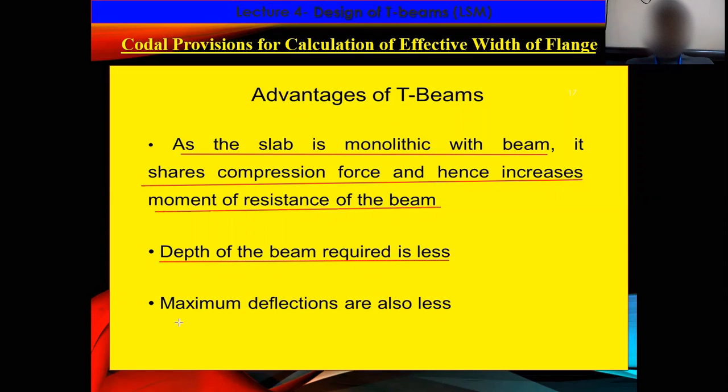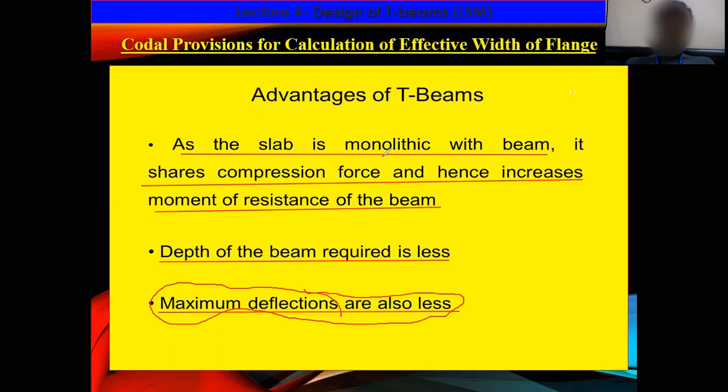And one more important thing is that the maximum deflection will become less in a T-beam as compared to an isolated beam. Right? This is also a very important criterion, because while designing, generally beams fail due to the stiffness factor, that means deflection failure.